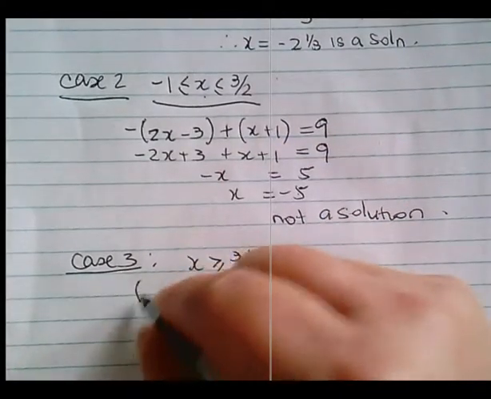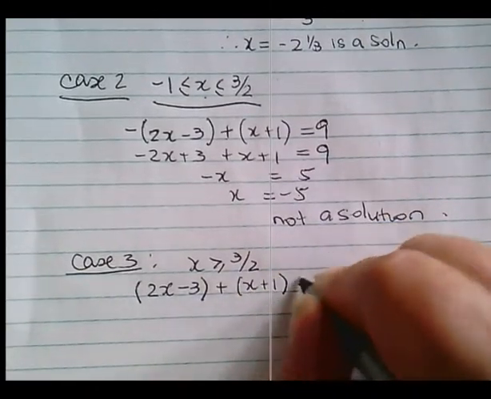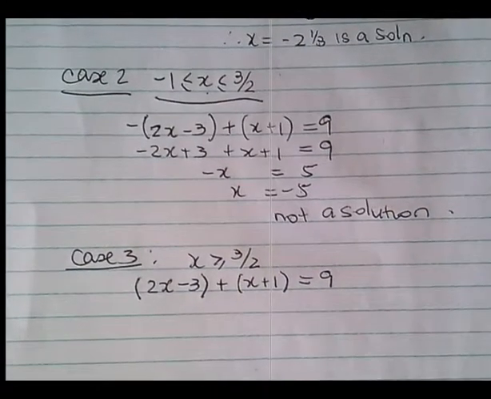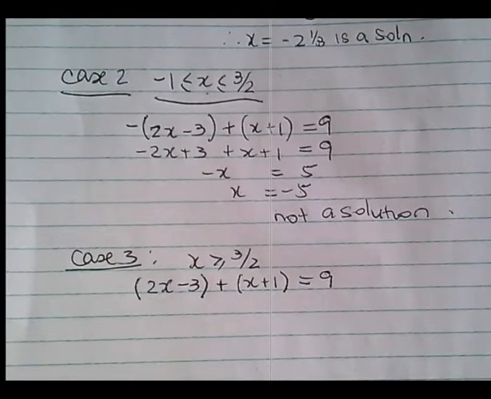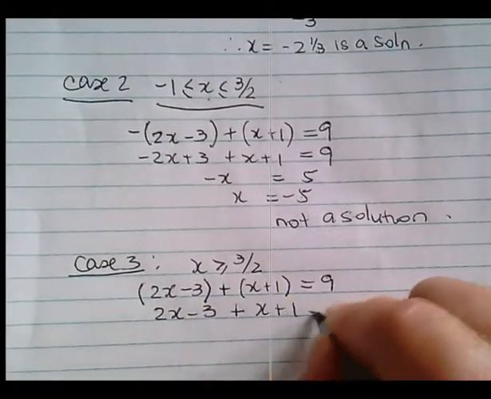Now notice one of the scenarios didn't come up. There really are 4 scenarios that are possible, because you could go plus, minus, plus, minus, plus. But one of them's not necessary when you use this method. Okay? So I get 2x minus 3 plus x plus 1 equals 9.